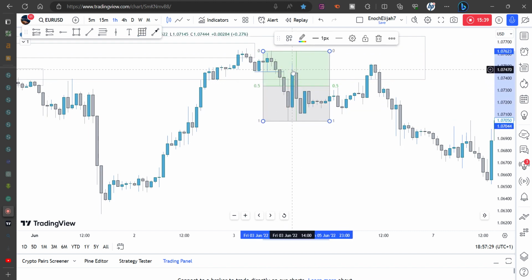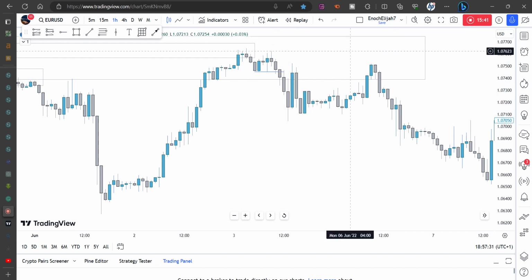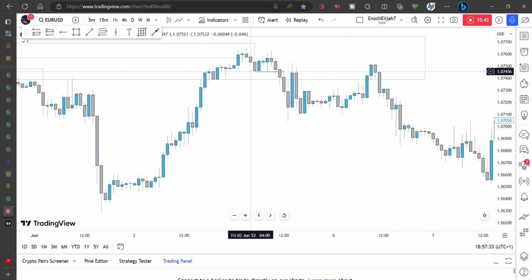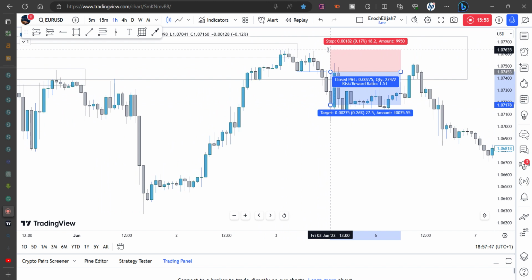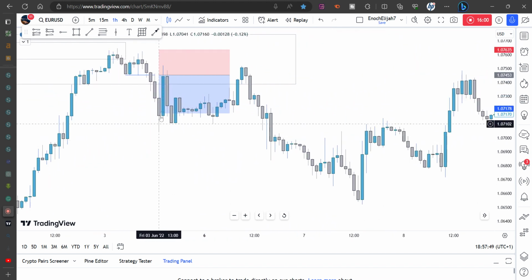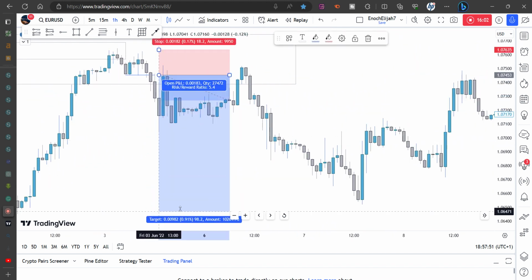Price came back to the premium level, above 50%, right to the bearish order block that caused the break of structure, which is where you can be selling from. You can place your orders there, your stop loss above the high, and then price sold.